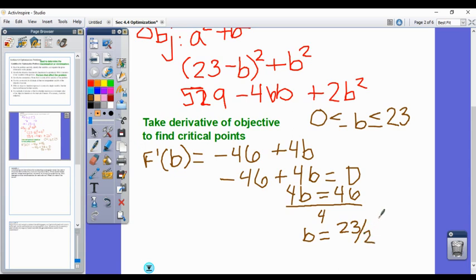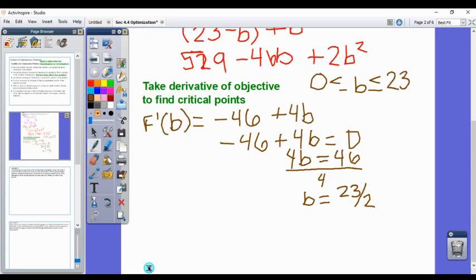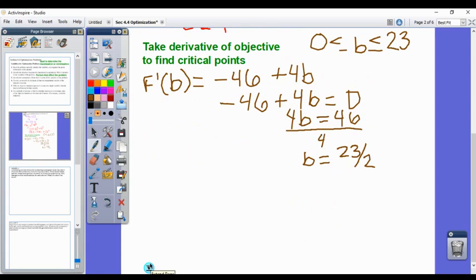Okay, so now what we are going to do is plug in our 3 points to our original function. So 0, 23, and 23 over 2. So we're going to plug into the objective function.